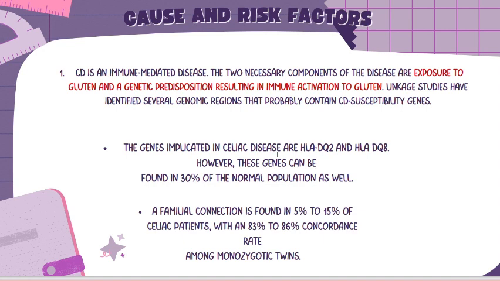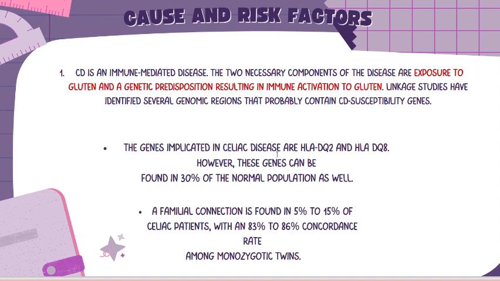In the context of celiac disease, individuals who carry the HLA-DQ2 or HLA-DQ8 genes have a higher susceptibility to developing an abnormal immune response to gluten, a protein found in wheat, barley, and rye. This abnormal immune response can lead to inflammation and damage to the small intestine, causing various gastrointestinal symptoms and nutritional deficiencies.